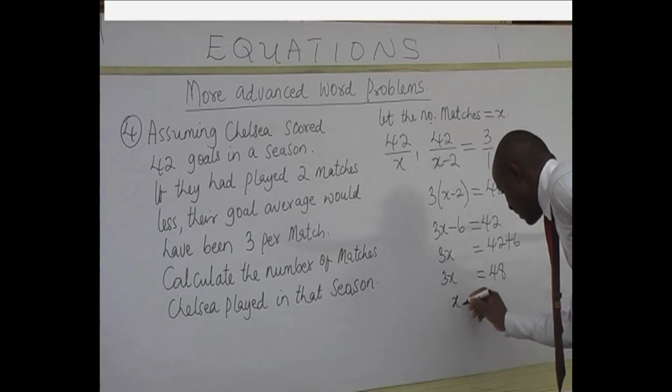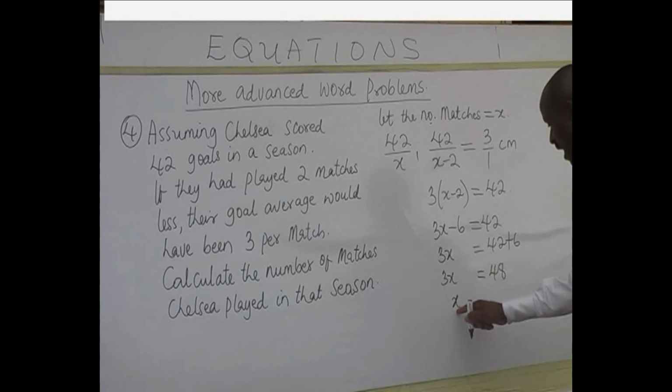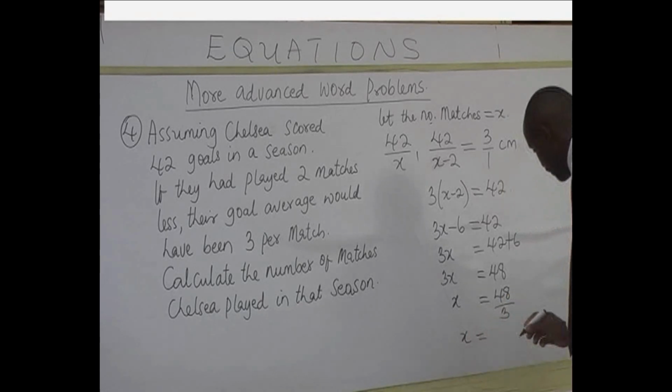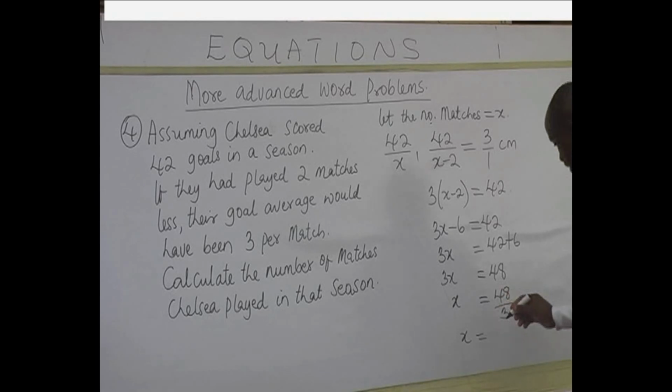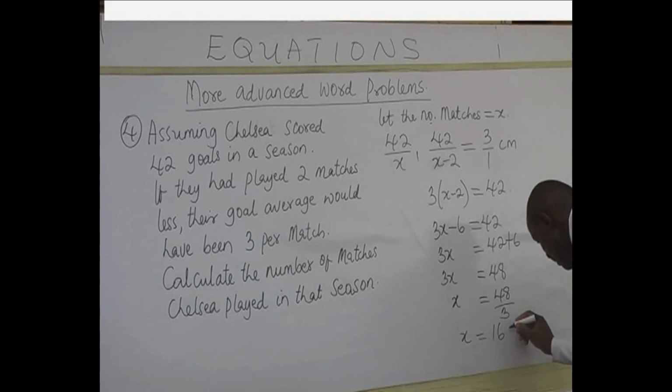Divide both sides by 3 so as to eliminate 3 as the coefficient of x. When you do so, x will be left only in the left hand side, and it's going to be equal to 48 divided by 3. 3 divides 4 is 1, you'll be left with 1. 3 divides 18 is 6. That means that Chelsea in that season played 16 matches.